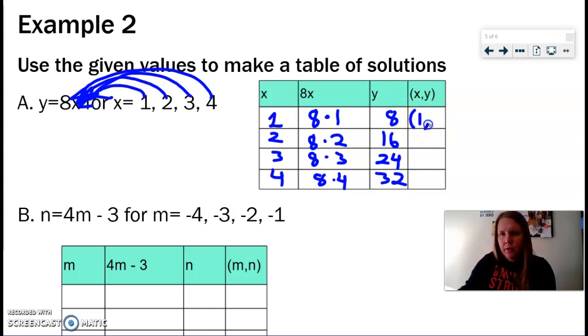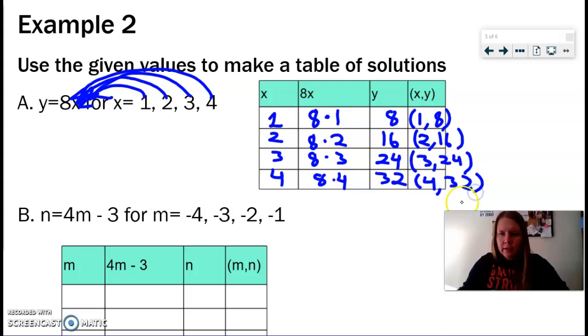So here's my coordinate point, 1, 8. x is 2, y is 16, 2, 16. x is 3, y is 24, and so on. 4 and 32. So these are all skills we've practiced before. We're just looking at them slightly differently and writing them slightly differently. Okay? How about then, let's start looking at B.